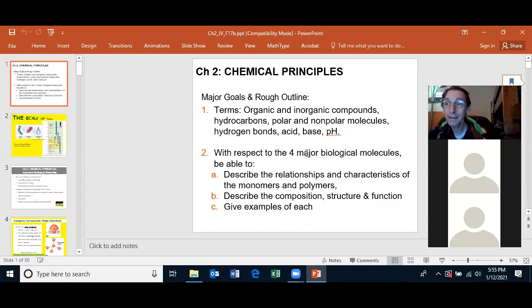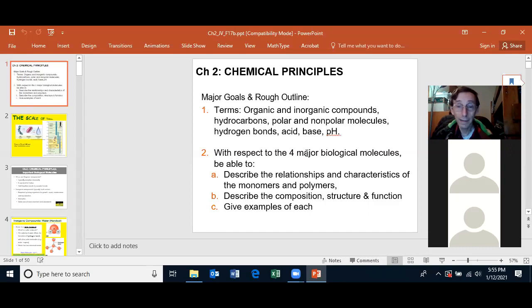Lipids and proteins, carbohydrates. Carbohydrates, and the 4th one, nucleic acids, isn't on the cereal box. Nucleic acids, yes, those are the 4 major biological molecules. They're the molecules of life. They're called that because you only find these molecules in things that are alive or were once alive.